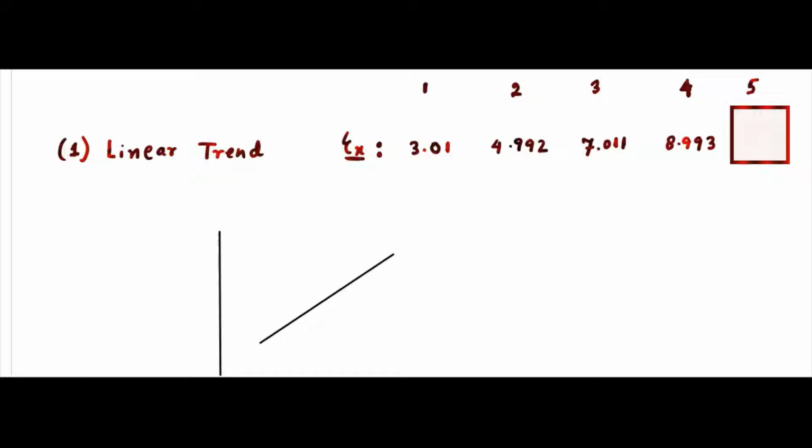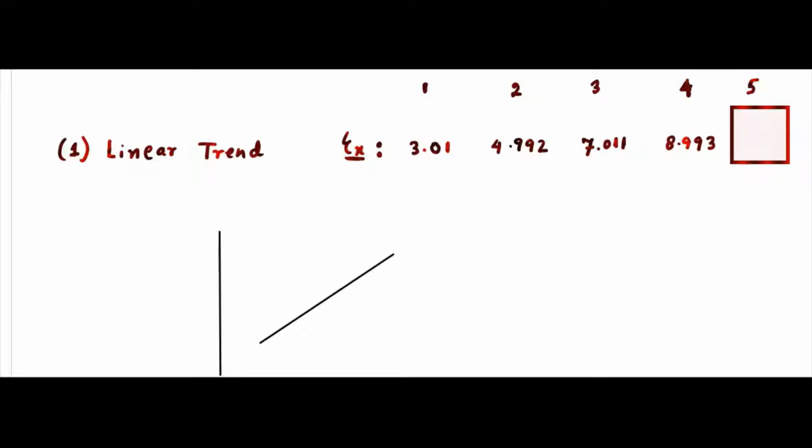Now in December you want to know this figure here. We have data up to November. This is 1st of August, this is 1st of September, this is 1st of October, this is 1st of November, and you want to know the value on 1st of December. The gap is 1 month here.